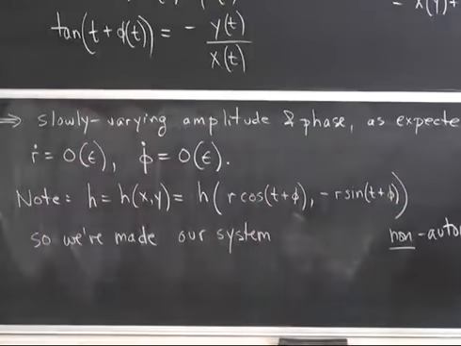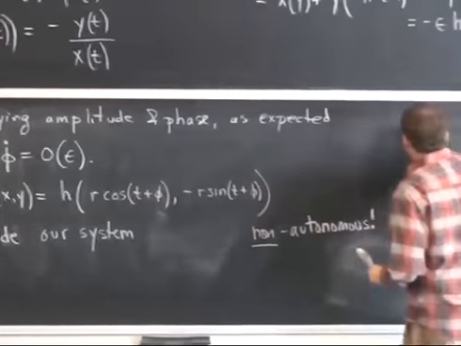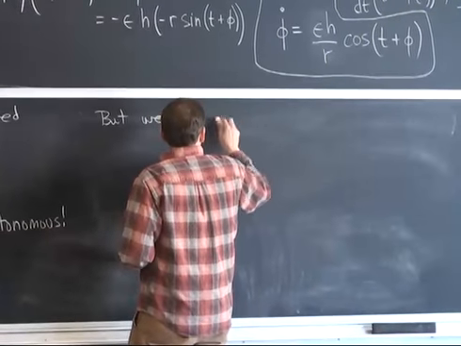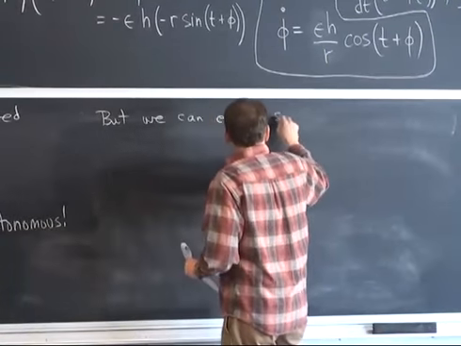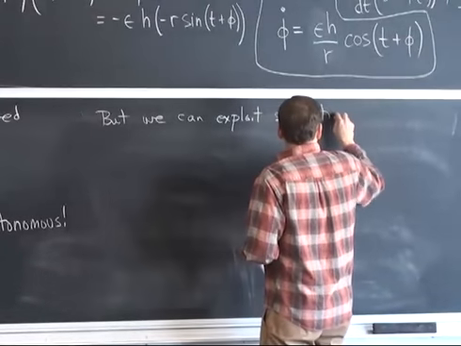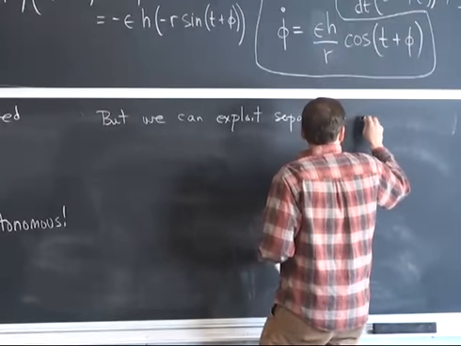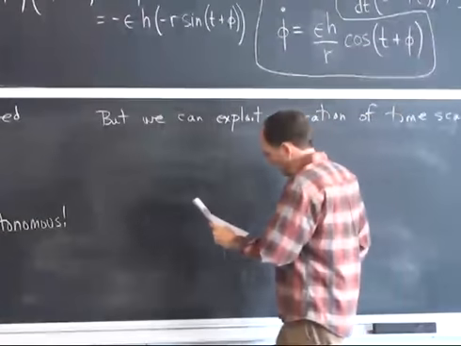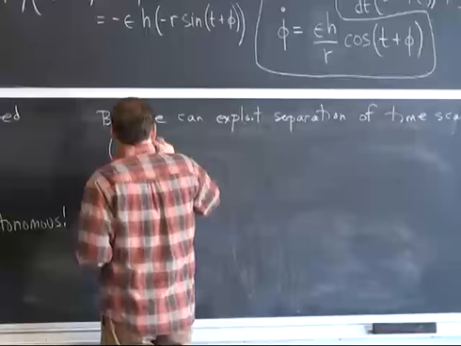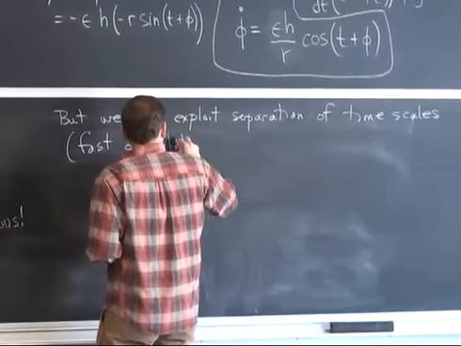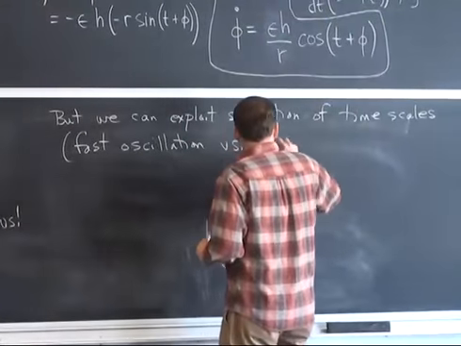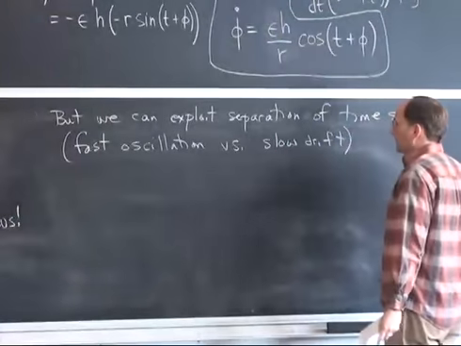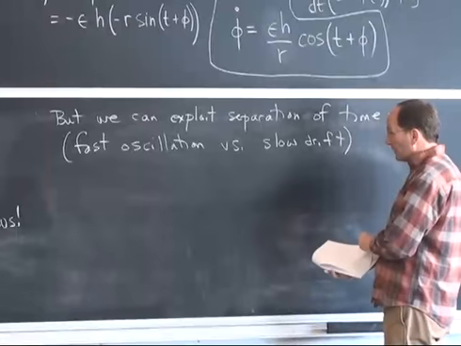Okay. So now what? As I say, we're going to exploit the separation of timescales. That is the fast oscillation versus the slow drift, to get a lot of information.